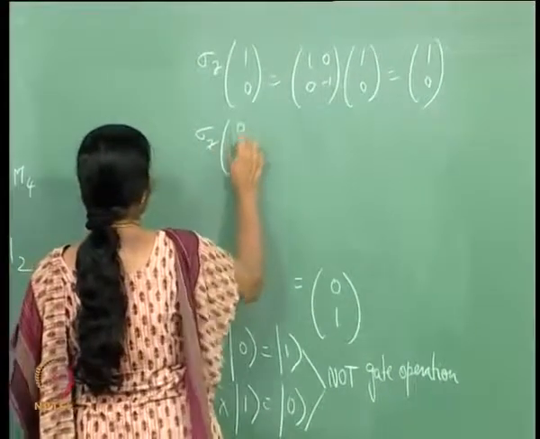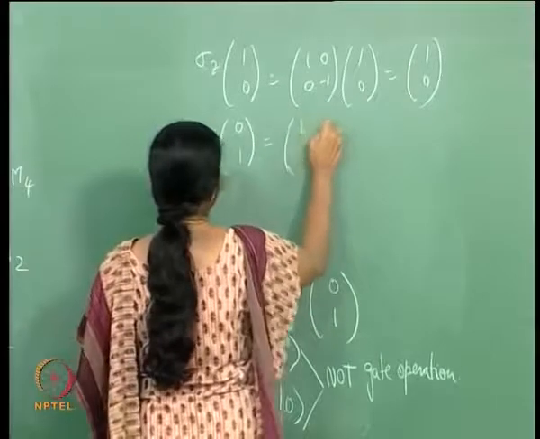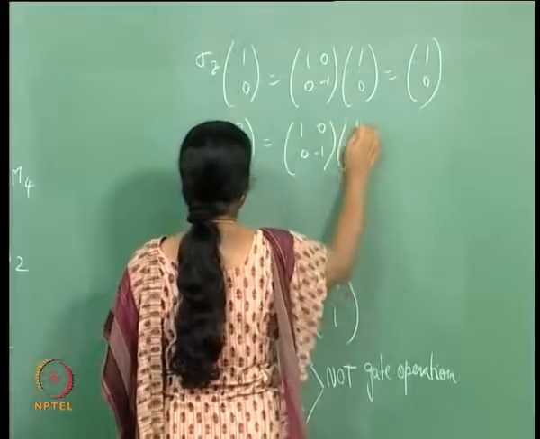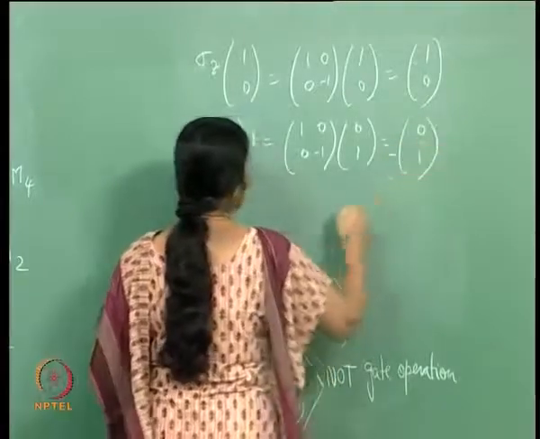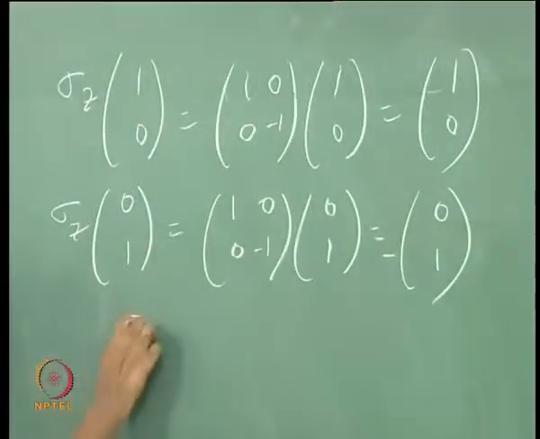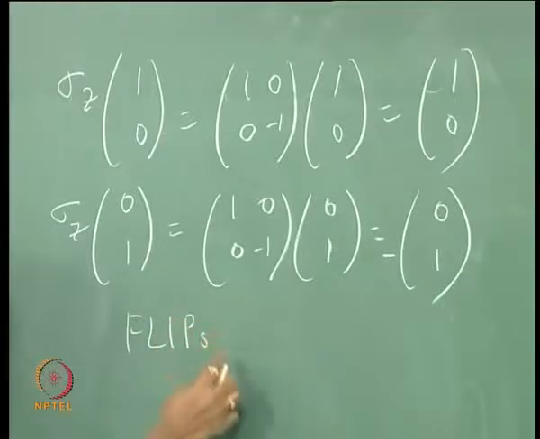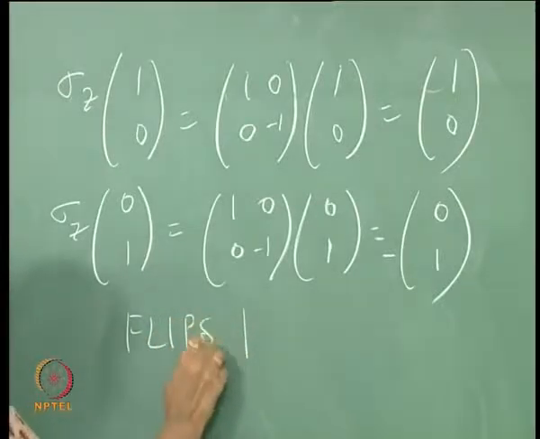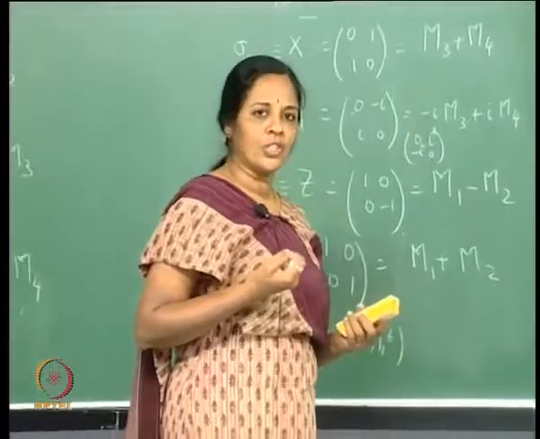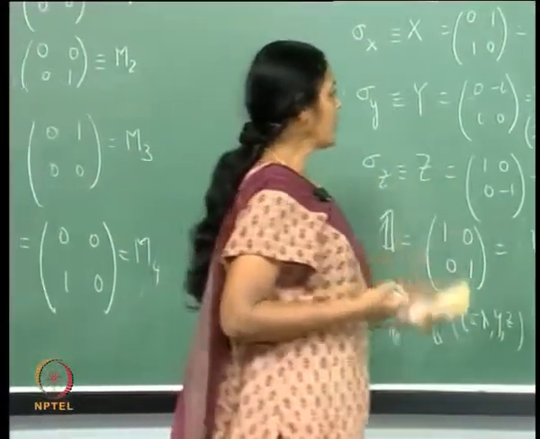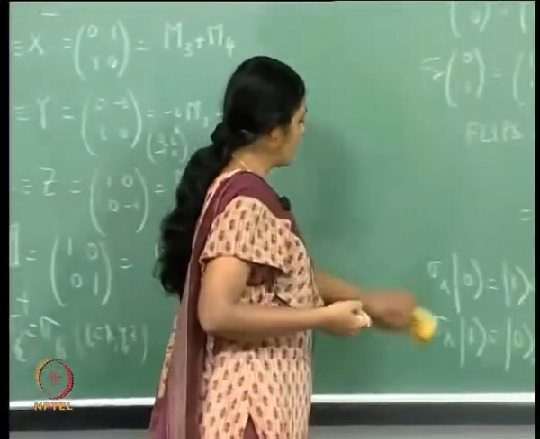But sigma z on (0, 1) gives me minus of (0, 1). In other words, it flips the sign of ket 1 and does not do anything to ket 0.